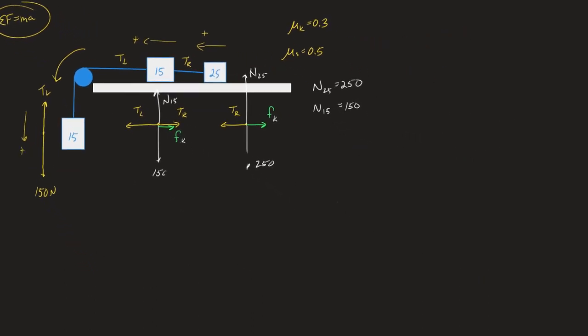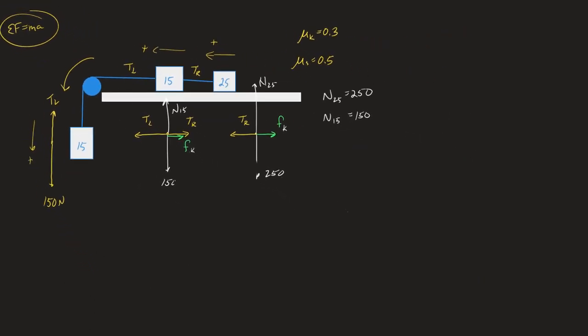I'm going to need to make this smaller to give myself some room. So let's do it with the box that's hanging. 150 minus TL equals 15A. The first box on the table: TL minus TR minus friction.